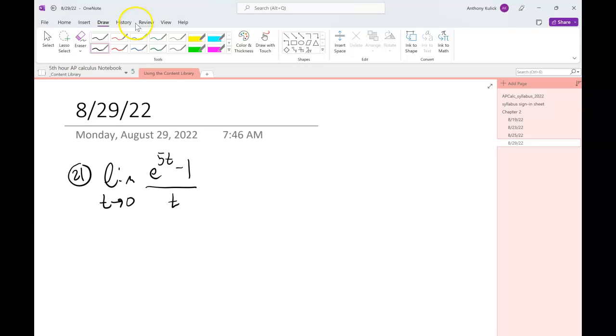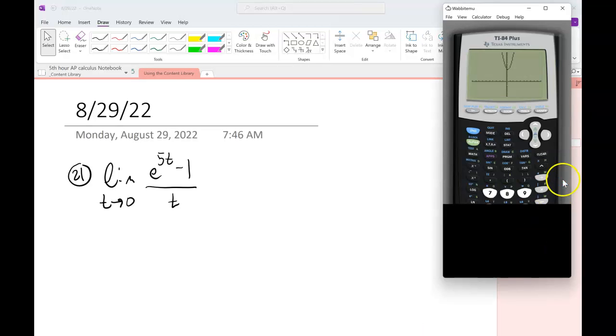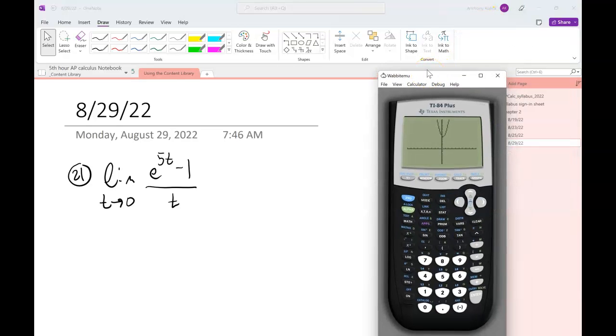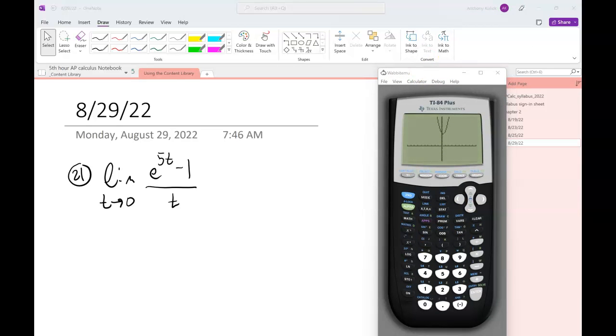Okay, so I'm going to do this entirely on the calculator because it's giving me a bunch of values. Is that cool with you? Okay. I just hate that I can't get rid of this stupid bar. Anyways, I'll have to figure that out sometime. All right. So alpha y equals, I'm going to type in my function. So e to the 5x minus 1 over x.